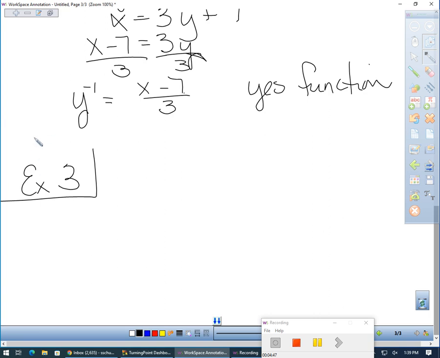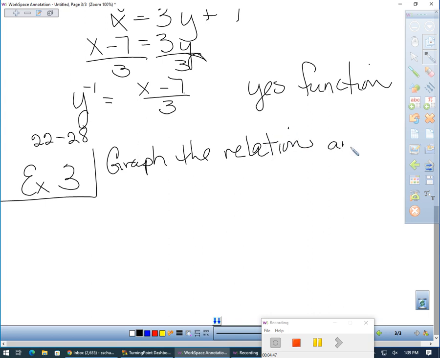Let's do, this is going to be 22 through 28. In this one, I'm going to ask you to graph the relation and its inverse.